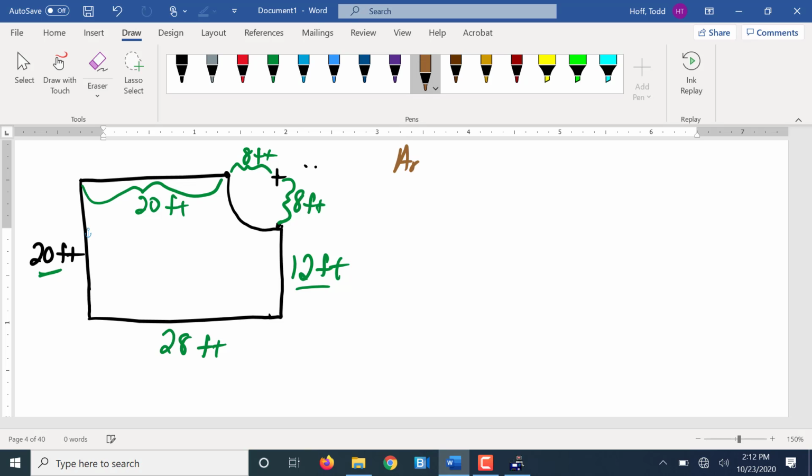For area, we're going to simply find the area of the big piece, 28 feet by 20 feet, which is 560 square feet. How do I find the area then of that quarter circle that we're subtracting out?